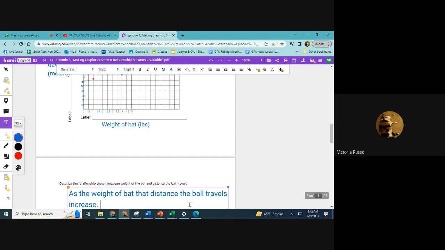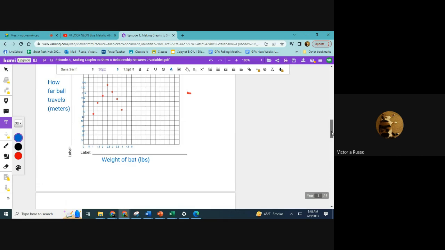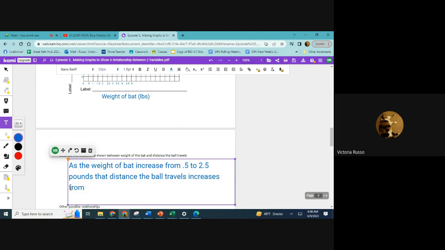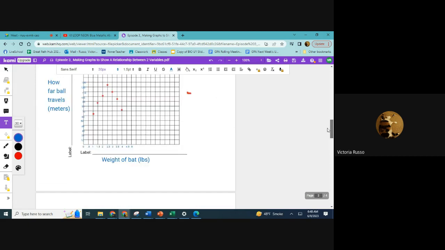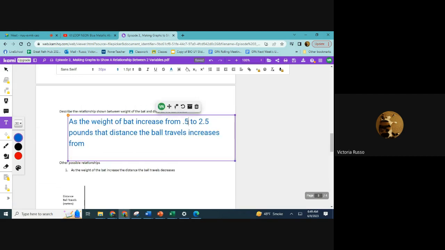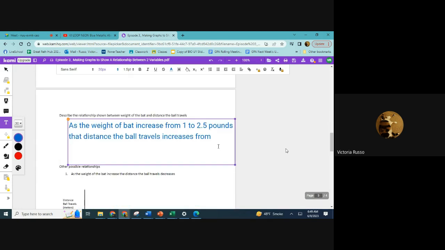Now this is not perfect because we need to give some numbers. So as the weight of the bat increases from 0.5, there's no bat that can weigh 0, we got to find the number where it stops increasing, to 2.5 pounds, the distance that the ball travels increases from, and we got to look at our data. So it started at 1. See, when you're working on Kami, it's not as easy. So at 1, it was at 65 meters.